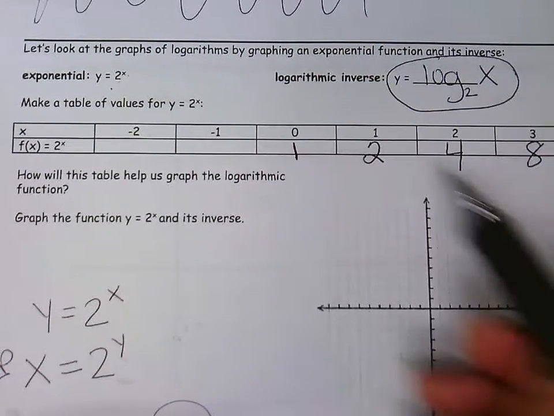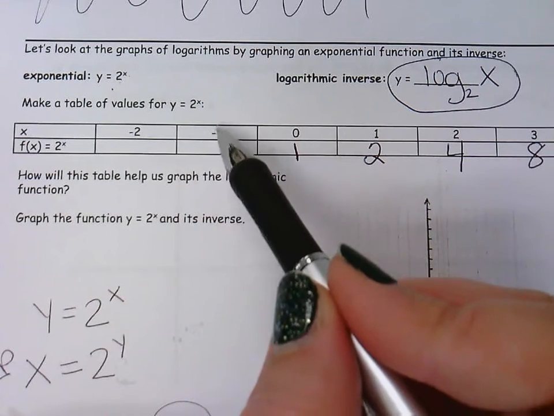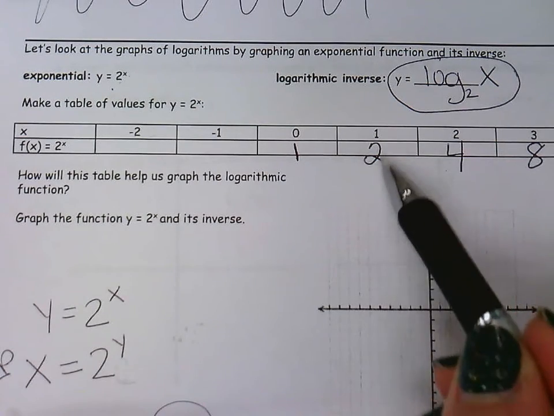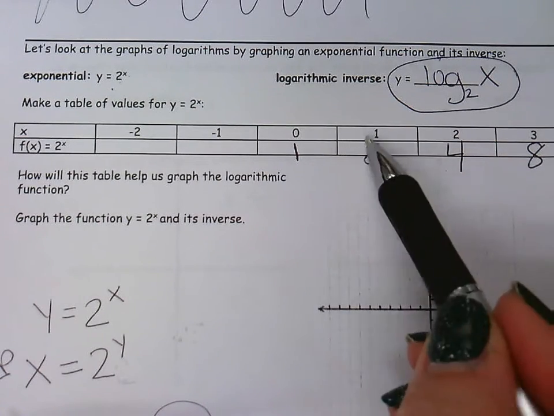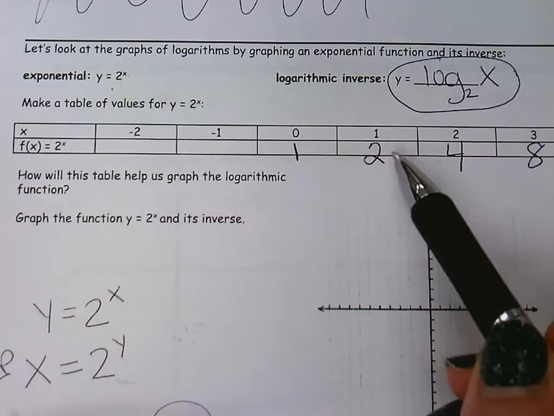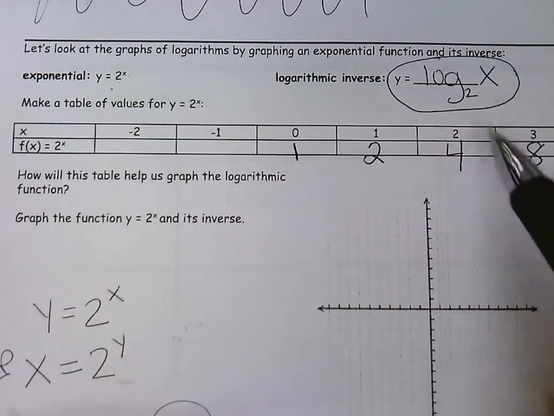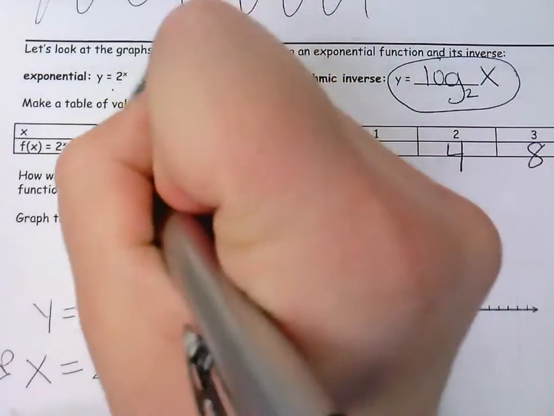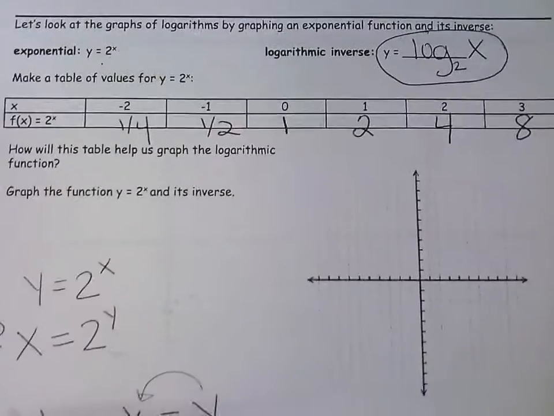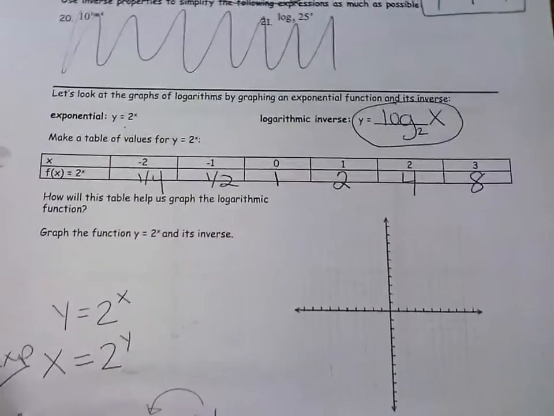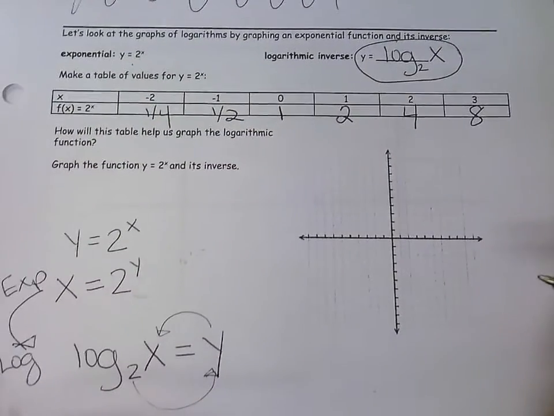When I go backwards with negative exponents, all I do is make these into fractions, right? So 2 to the negative first power would be 1/2. To the negative second power would be 1/4. So I'm going to graph that exponential function. So we're actually helping to practice graphing exponential functions.